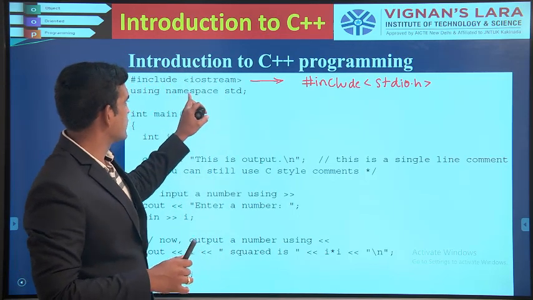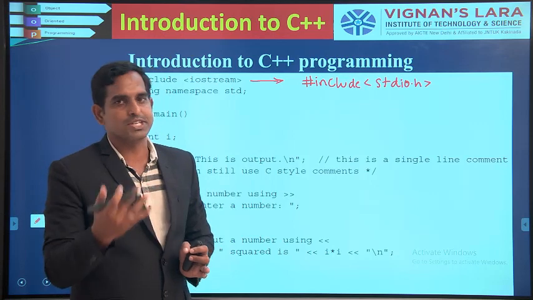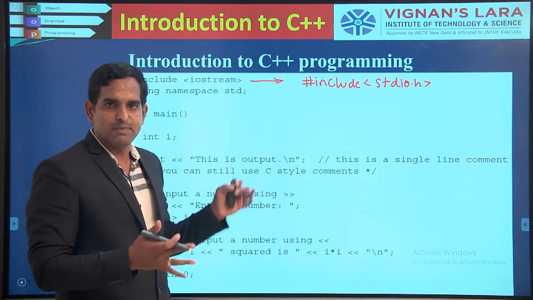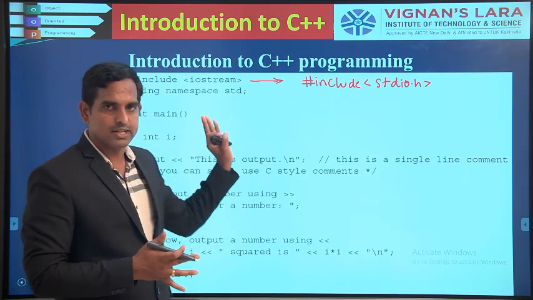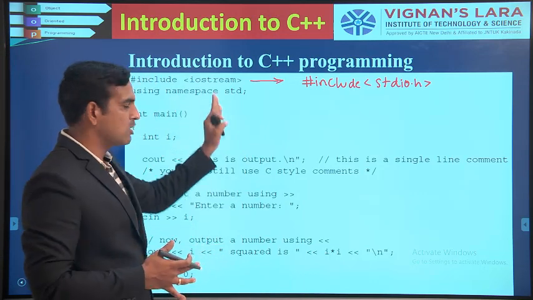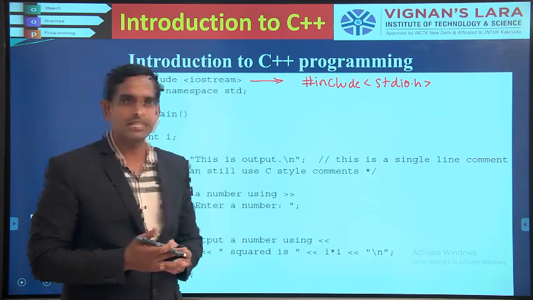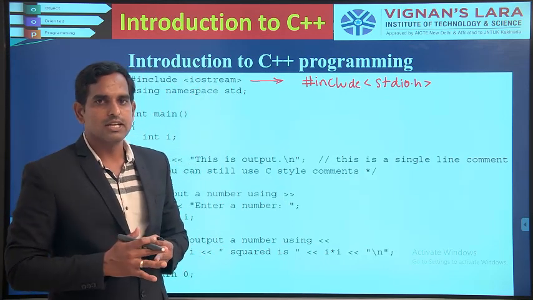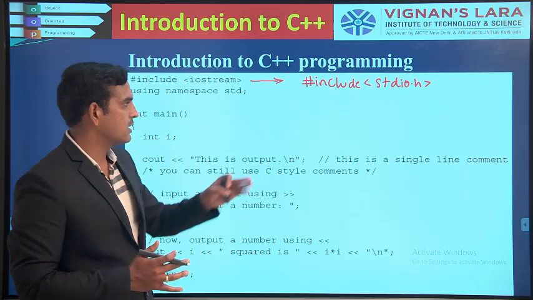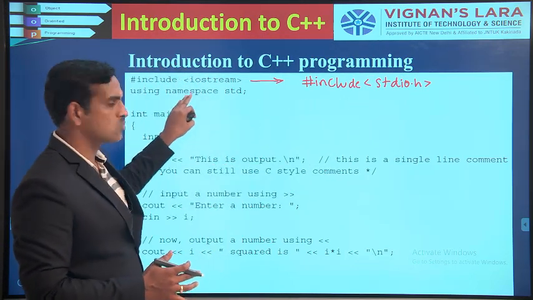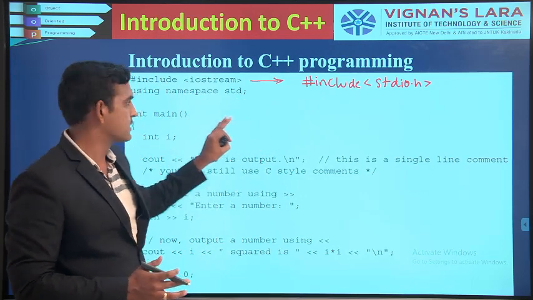Here you can also write #include <iostream.h>, which is also a header file, but in the modern versions they have removed the .h extension. Now we write #include <iostream> only. This contains the input and output functions in a particular header file. In C language we use stdio.h and in C++ we use iostream.